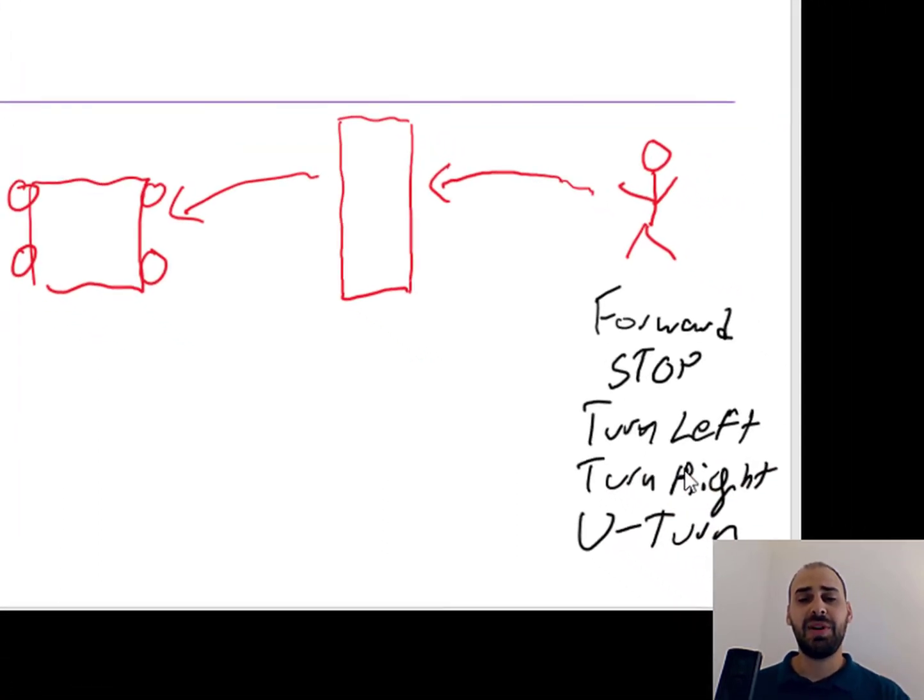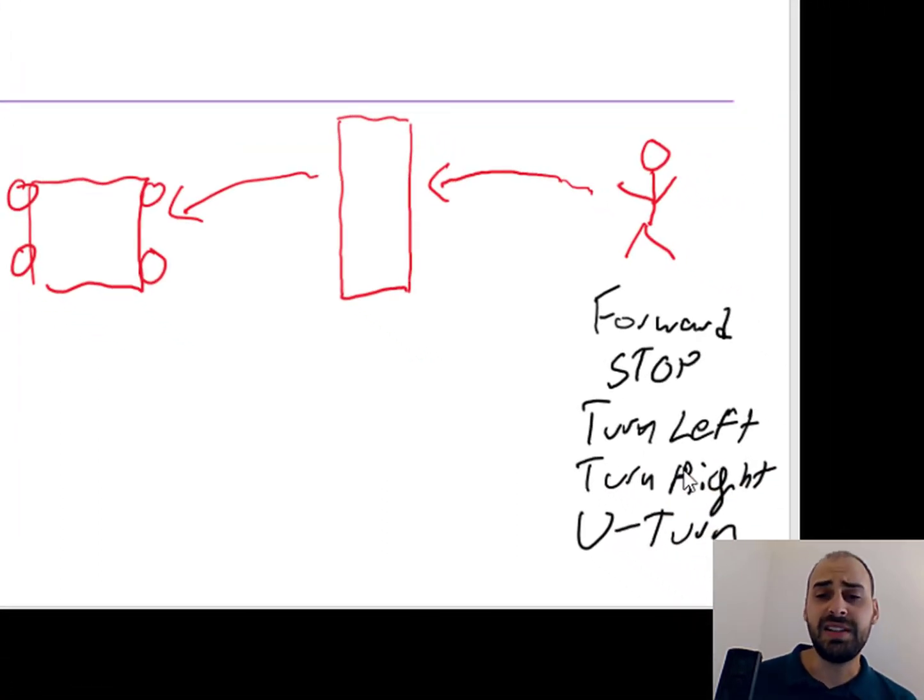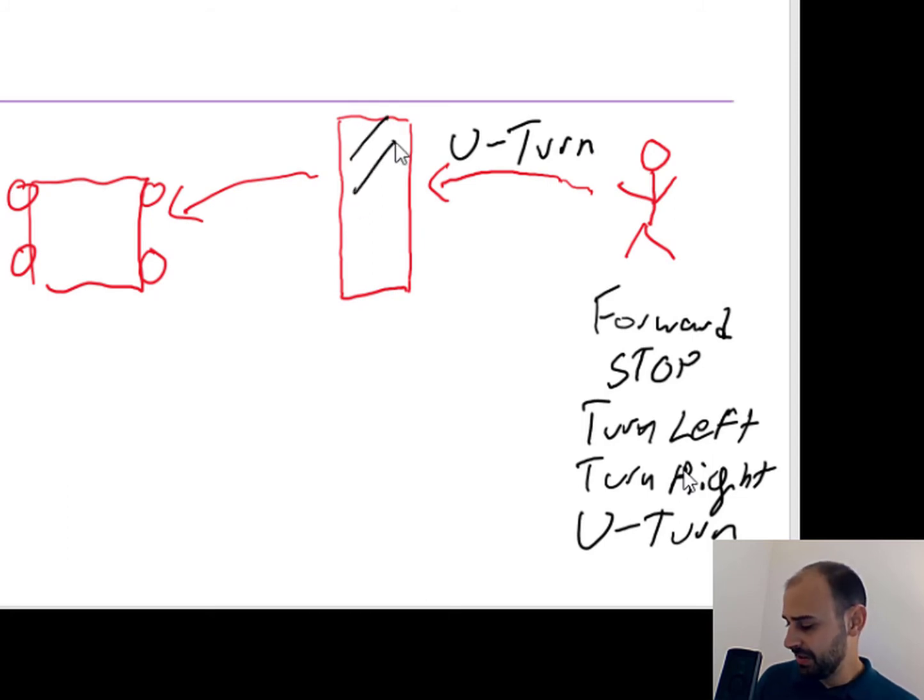But in reality, what's going to happen is if the U-turn command or instruction comes in, this layer will modify that and will actually send two turn right commands to the car.